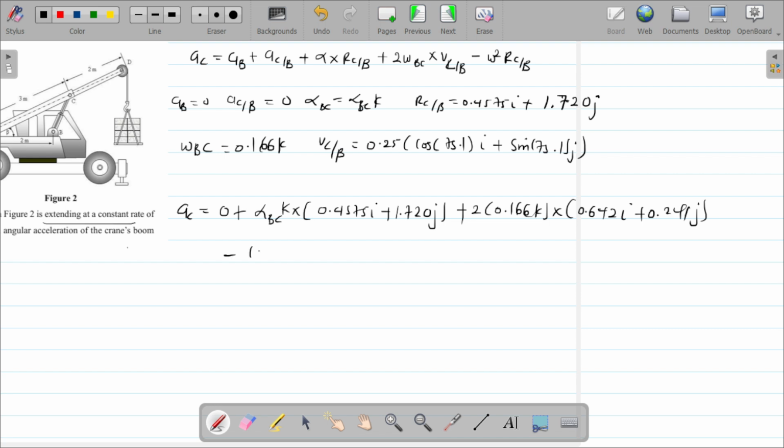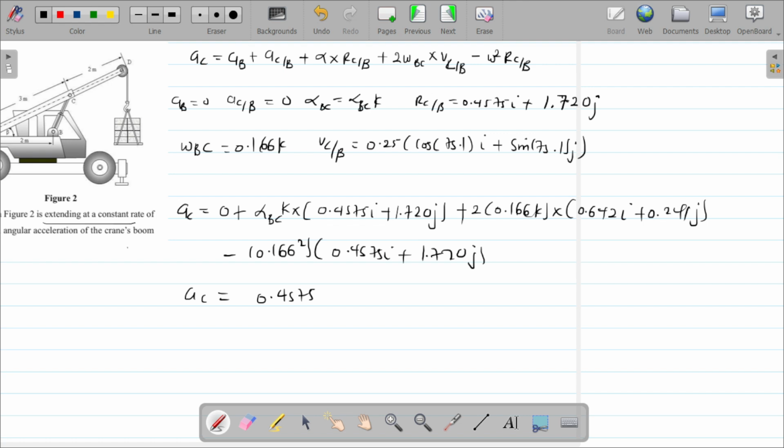Minus 0.166 squared into bracket 0.4575 I plus 1.720 J.